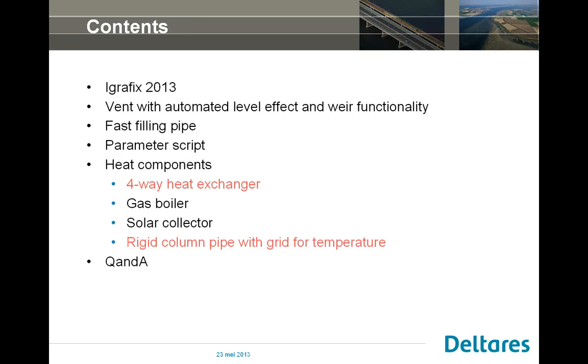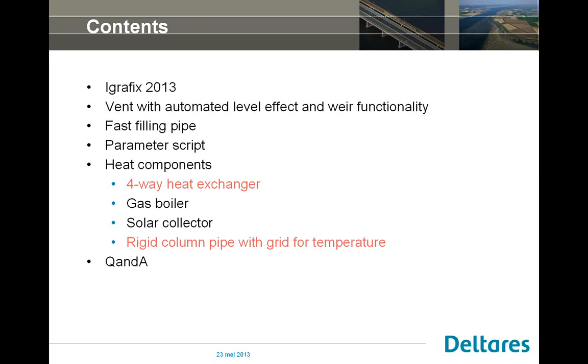Today I would like to talk about the following items which are included in the new WANDA 4.2 release. The first is the new user interface, iGraphics 2013. Second is the vent with automated level effect and weir functionality, which will become clear when I'm discussing this topic.